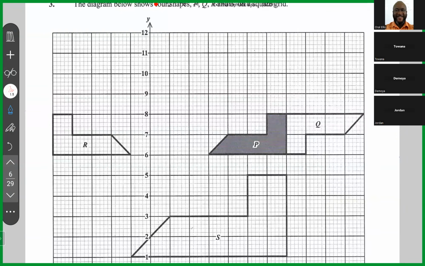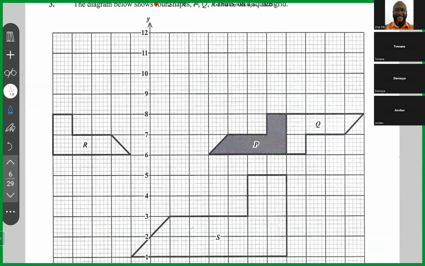So the first thing we're asked to do is part A, which says, describe fully the single transformation that maps shape P onto shape Q. What transformation maps the shape P onto Q?